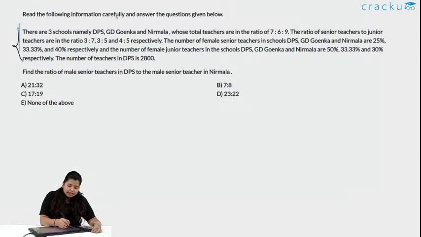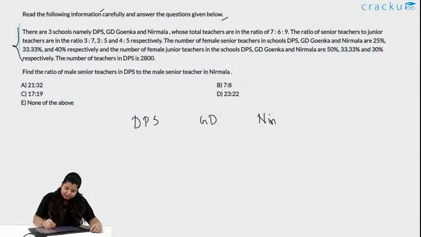The question says, read the following information carefully and answer the questions given below. There are 3 schools, namely DPS, GD Goenka, I am just writing GD, and the other is Nirmala, whose total teachers are in the ratio 7:6:9.